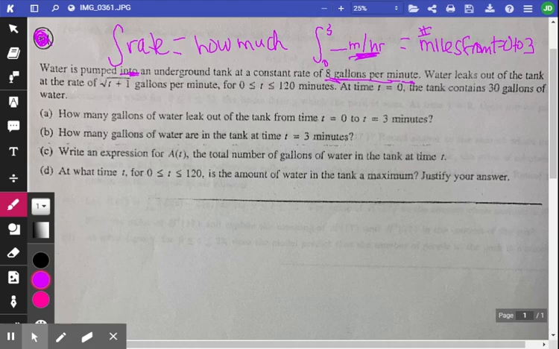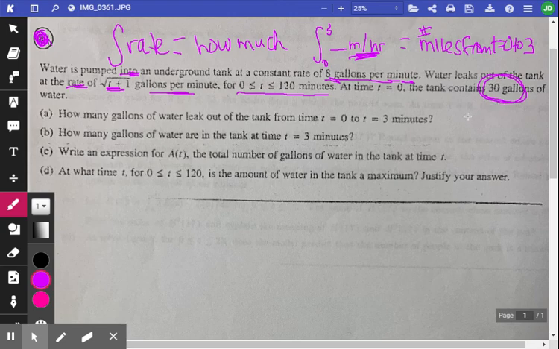Water leaks out of the tank at a rate of square root of t plus 1 gallons per minute for t between 0 and 120 minutes. At time equals 0, the tank contains 30 gallons of water. The other important thing is how many gallons of water there are to start with. That's going to come up. Sometimes our initial value is 0, but sometimes it's a number that's not 0, and that's going to have to be taken into account.